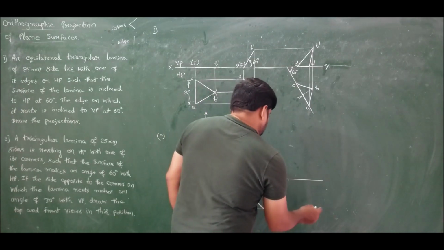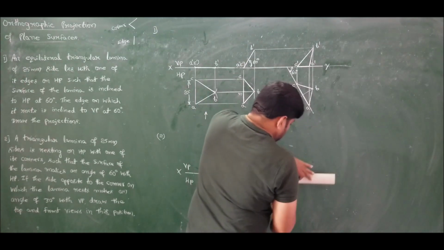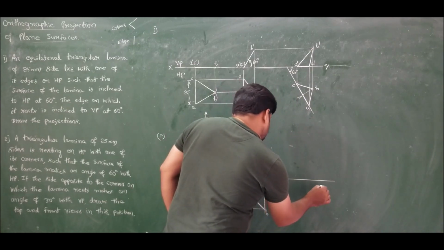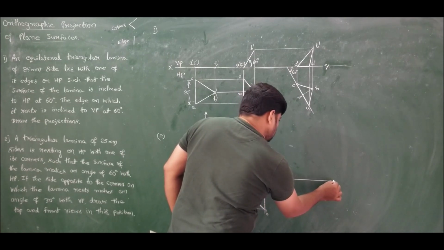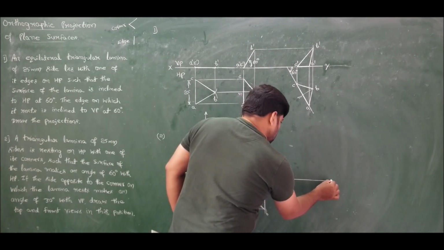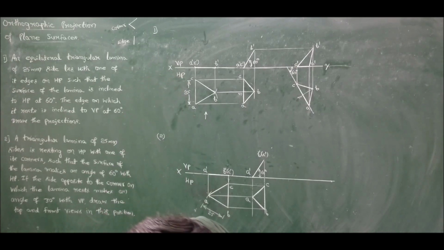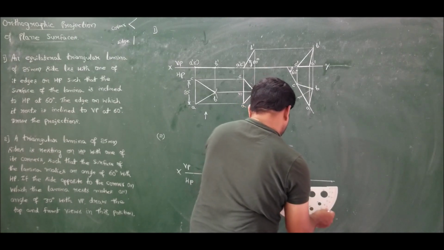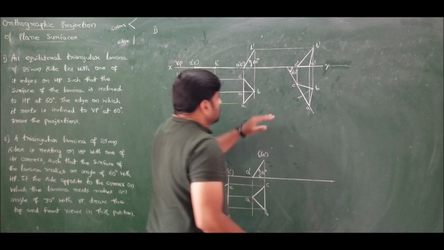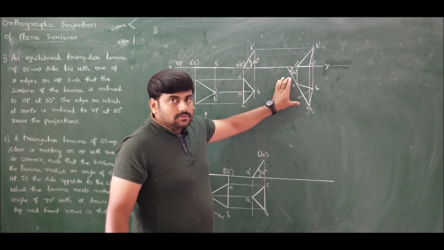So you make 30 degrees, draw a 30 degree line. Here you can observe we have picked it and placed it like this.